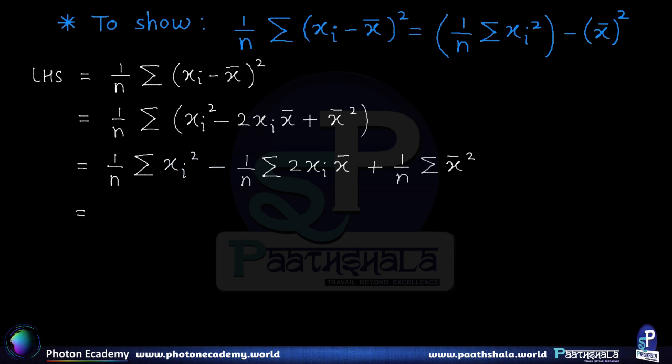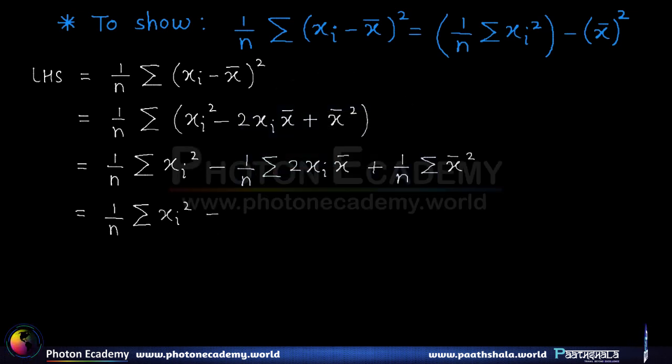Now 1 upon n summation of xi square, the first term, remains unchanged. You see that we have already obtained the first term on the right side, so we will not touch it now. Minus, now in the second summation, if you see, 2 and x bar are constants from the perspective of summation, because for a given data, x bar, whatever it is, will be nothing but a constant term, isn't it?